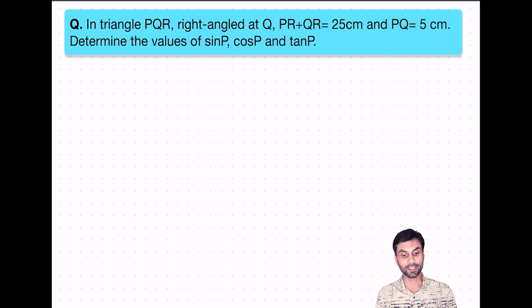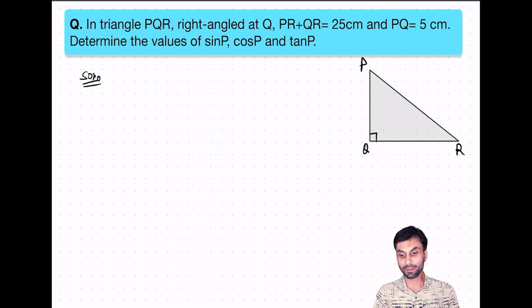The next question is, in triangle PQR, right angled at Q, it is given that PR plus QR is equal to 25 cm and PQ is 5 cm. We have to determine the values of sin P, cos P and tan P. Again, before we start, let's draw the triangle PQR.